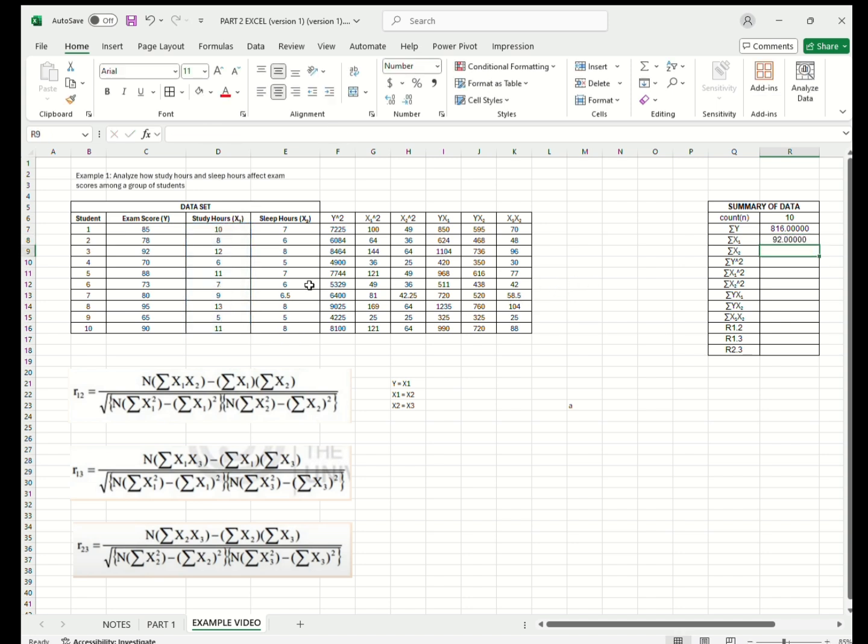Now the summation of the independent variable x sub 2. Then the summation of the squared values of the dependent and the independent variables.